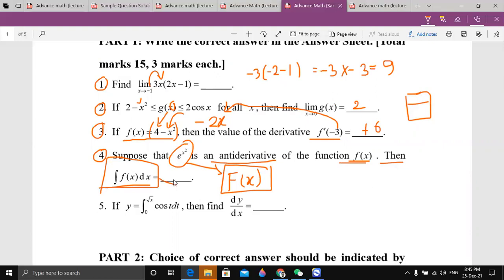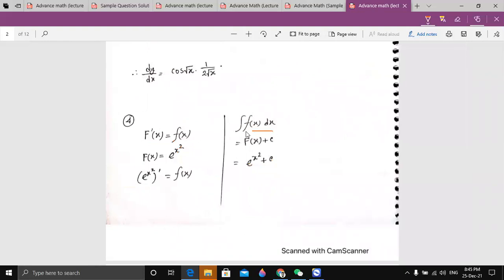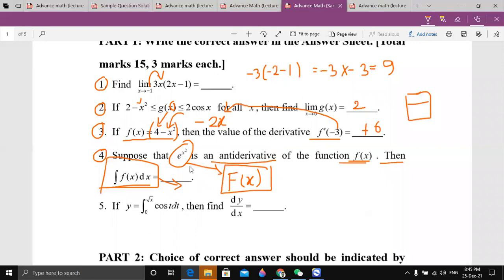So integration of f of x dx is capital letter F of x plus c, because using capital letter F, we represent integration. Okay, and then you can just plug in the value. So F of x is e to the power x square. Okay, guys, see here, capital F of x, x squared.